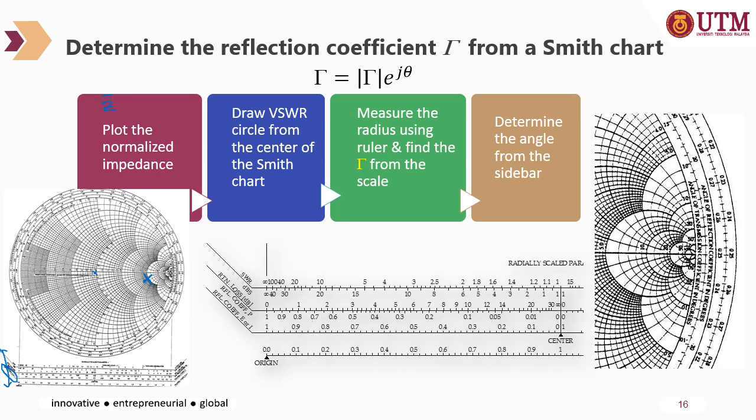So draw a circle using your compass protractor from the center, something like that. Then measure the radius from the center to that circle using a ruler. Then use the same size, the same radius, I would say R, bring it down here and place it on top of your reflection coefficient scale.